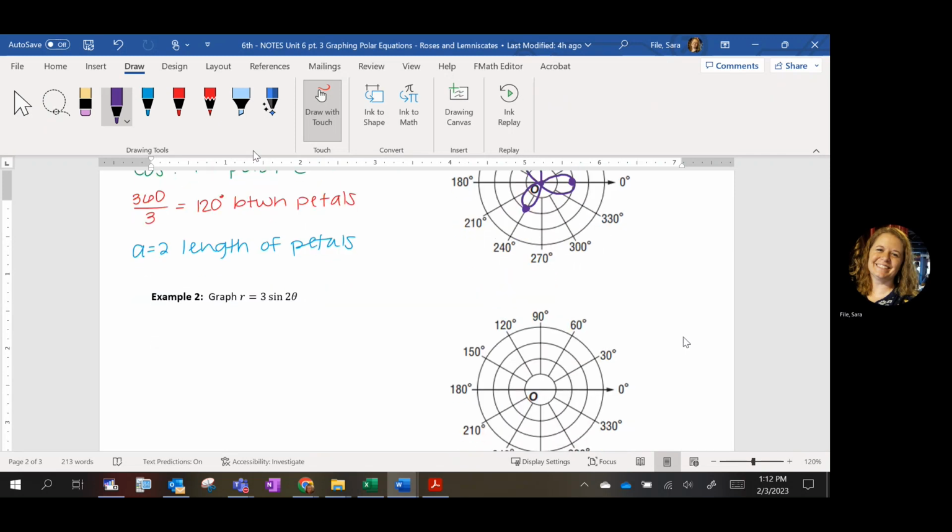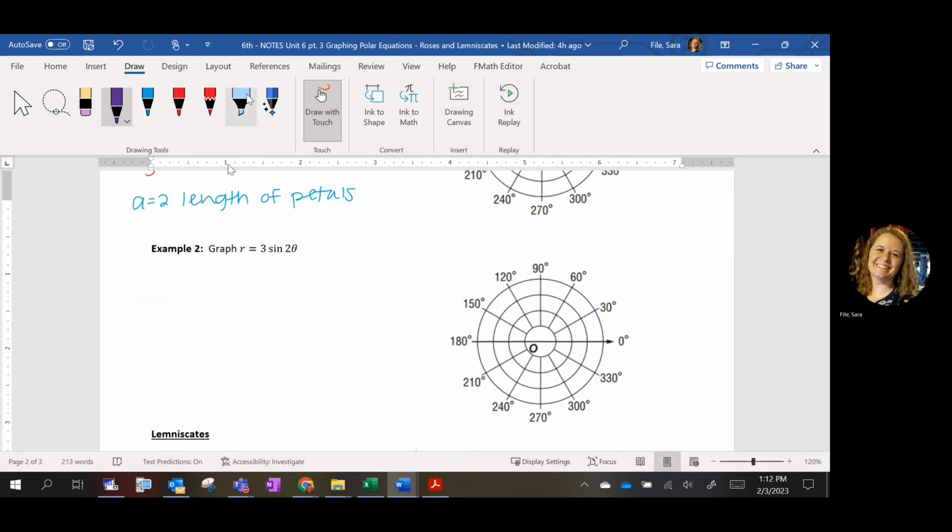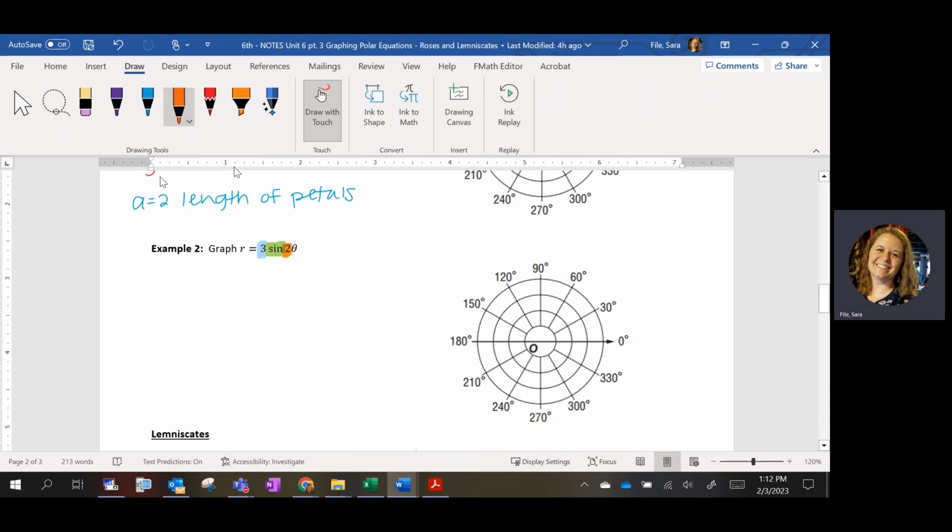Okay, let's try this one. Okay, A is 3. This one is a sine curve, and N is 2. Start with the number of petals. Since N is 2, how many petals will there be? Because that's even, right? You double it.